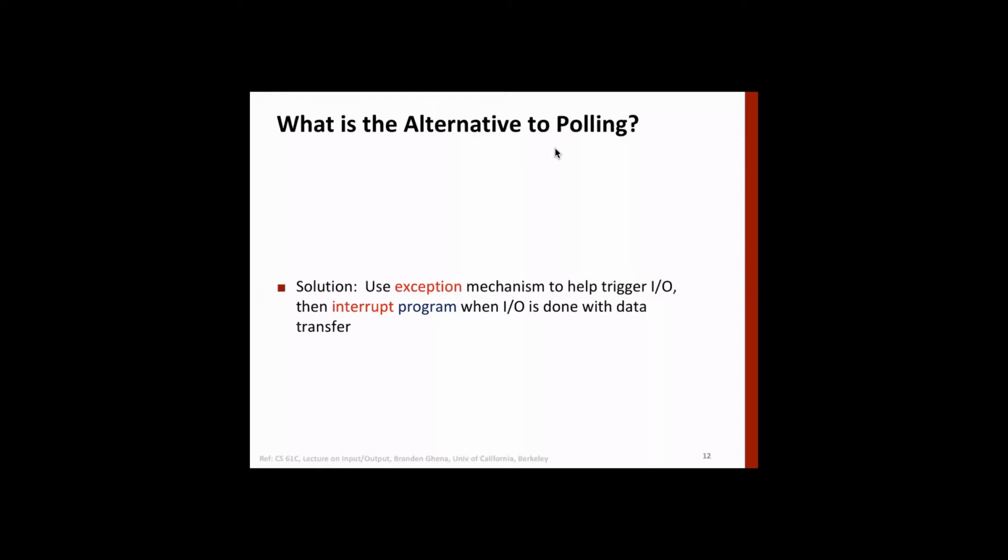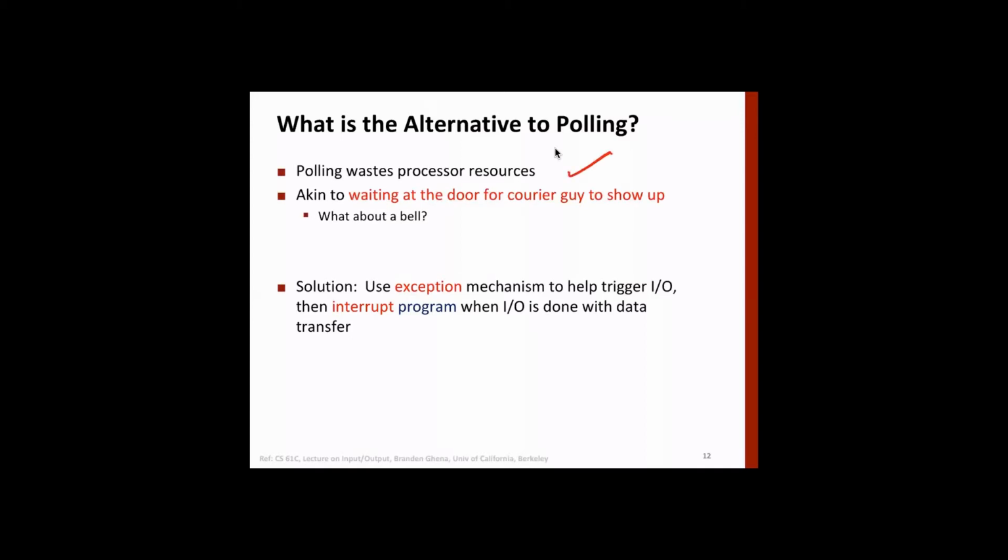So what is an alternative to polling? We know that polling wastes a lot of processor time, or the CEO's time. Okay, then why not, instead of the CEO going every few minutes to check whether there's a courier or not, because you don't know the frequency of the courier guy, ask him to ring the bell, or give you a call or something like that.